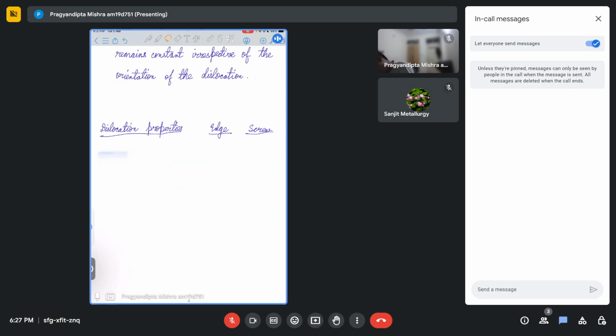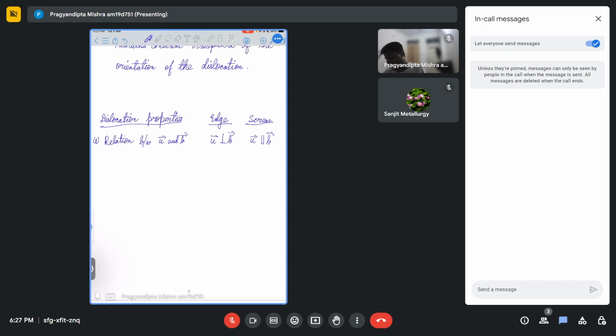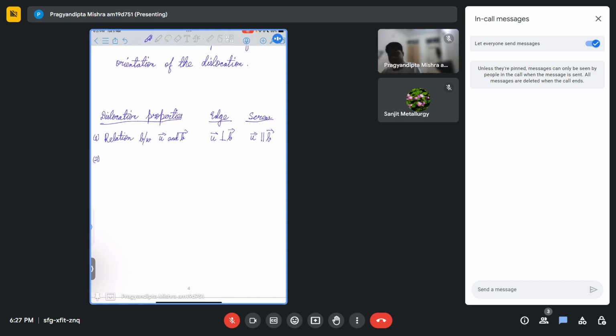So the first thing that we have to see, which goes without saying and which we have already discussed, is the relation between U and B, or the dislocation line and the Burgers vector. In edge, U is perpendicular to B. In screw, it is parallel. Next thing is slip direction.